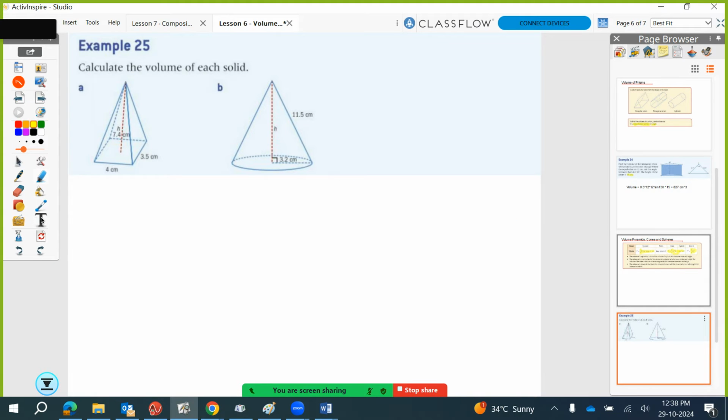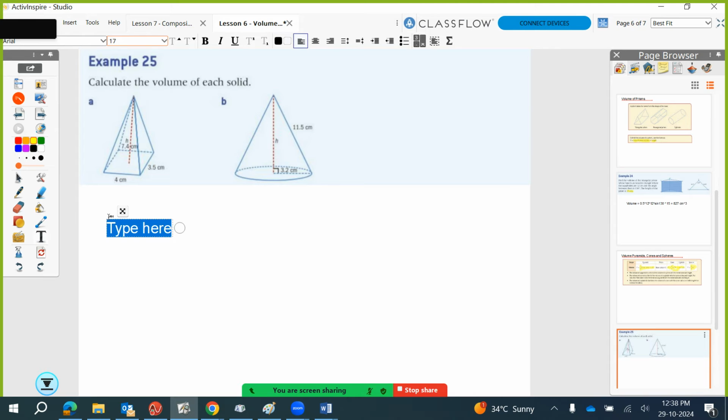So we need our volume to equal 1/3 times the area of the base, which is 4 times 3.5, times the height, 7.4. Apologies for the multiplication symbol I'm using there.